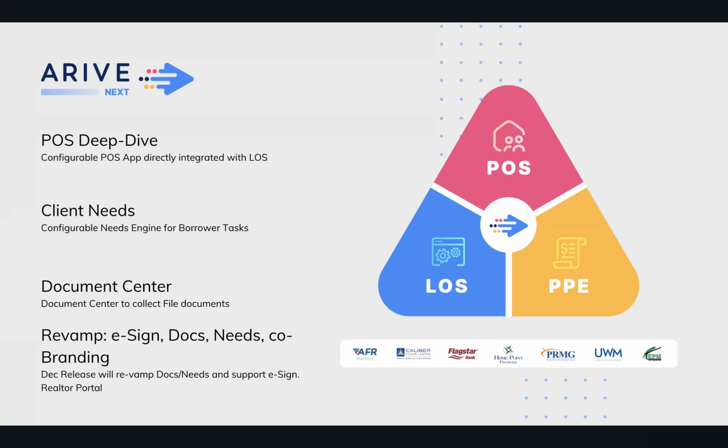We are also looking to ship a co-branded realtor portal, so you can share this point of sale with your realtor, and they can get updates on loan status. They can generate pre-approval letters on the amounts you authorize anytime they want. All those features are upcoming as part of our point of sale enhancements before we close the year, before the holidays.